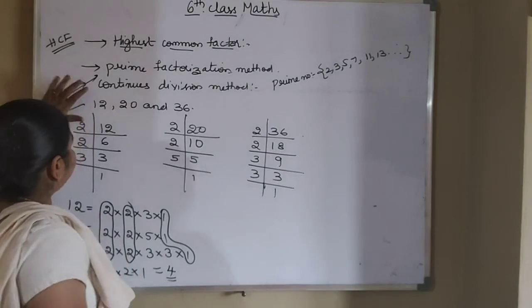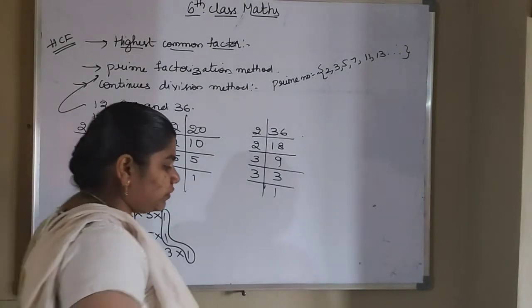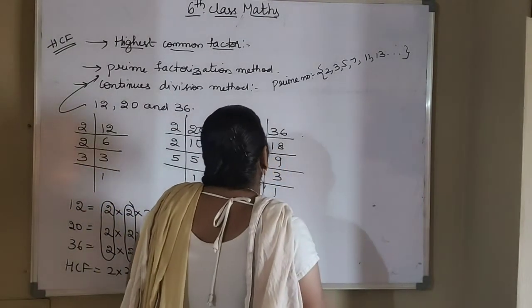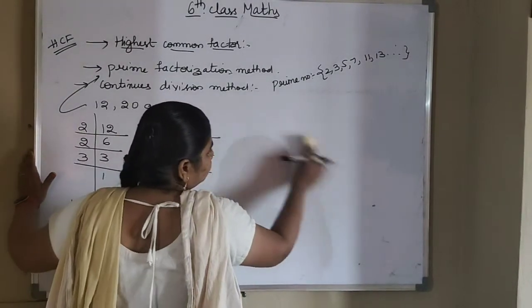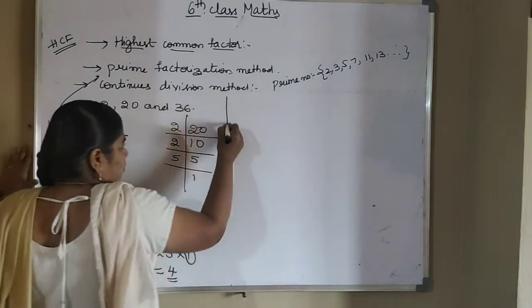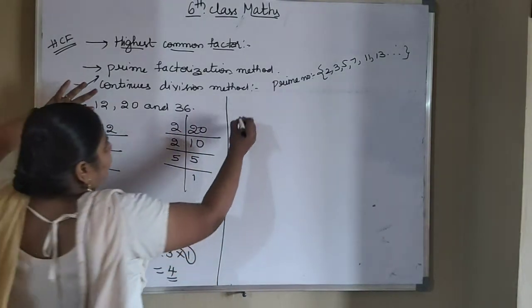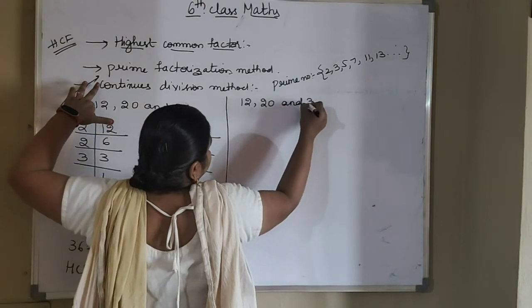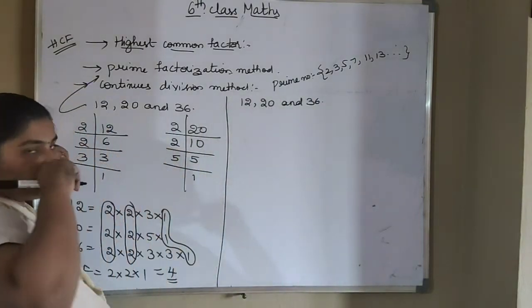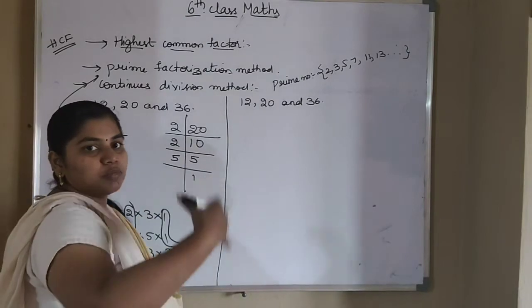In the same way we can do it in the continuous division method. We will see how to do this. I am doing it on the side here. The numbers given are 12, 20 and 36. First we have to go in ascending order. Ascending order is nothing but small to bigger number.